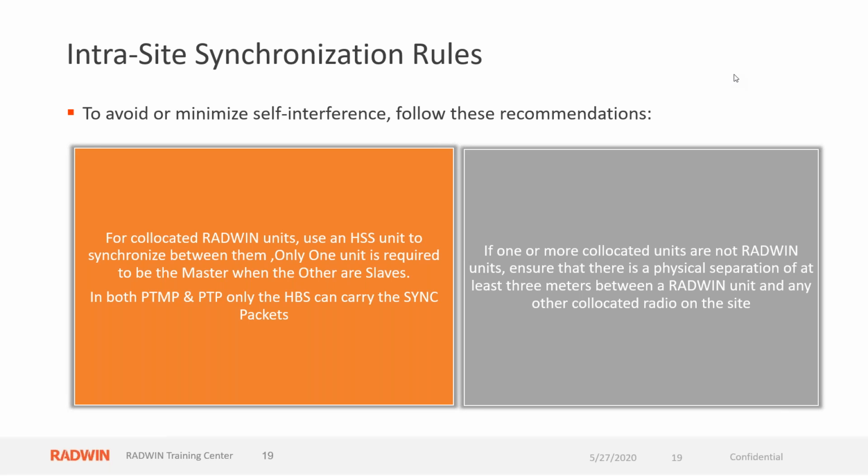The best is to separate physically, or to have a gap between the frequency channels between our units and other vendors. Again, if it is RADWIN, related to one WISP or another WISP, it doesn't matter. We can synchronize RADWIN equipment and avoid self-interference.